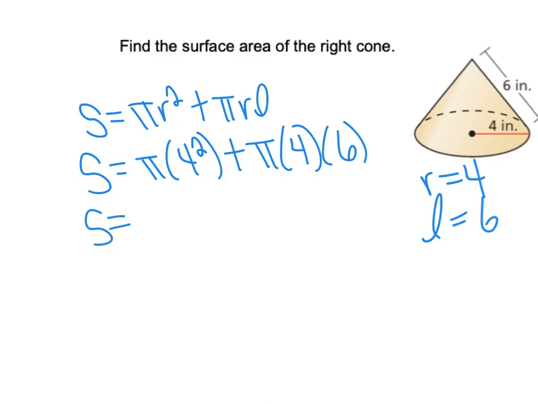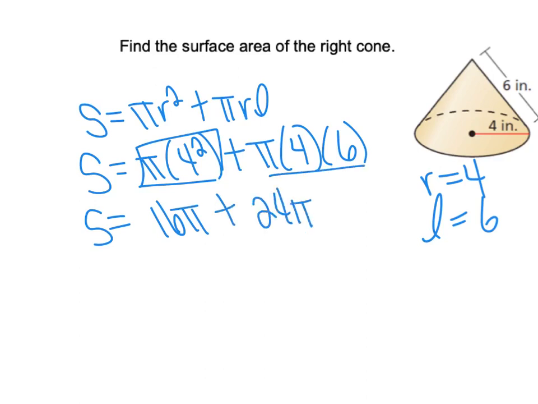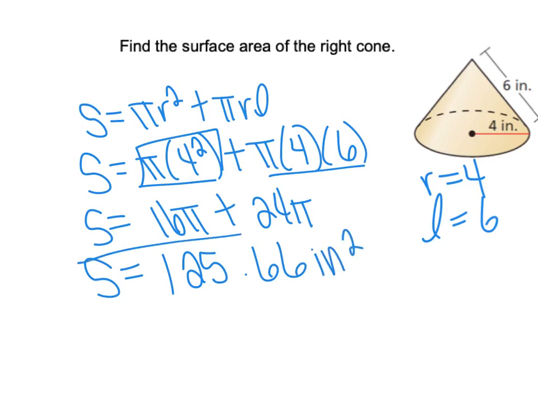Make sure you do the exponent first. So you'd have 16 pi plus 24 pi, because 6 times 4 is 24. If you put that into your calculator, we should get 125.66 inches squared, and it's a squared unit because it's surface area.